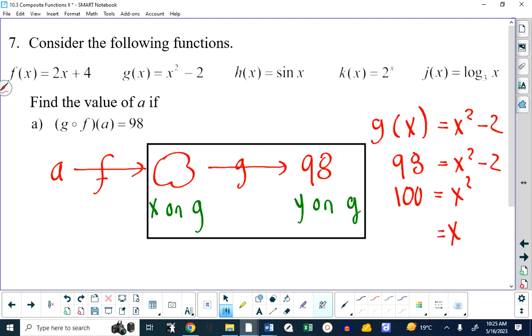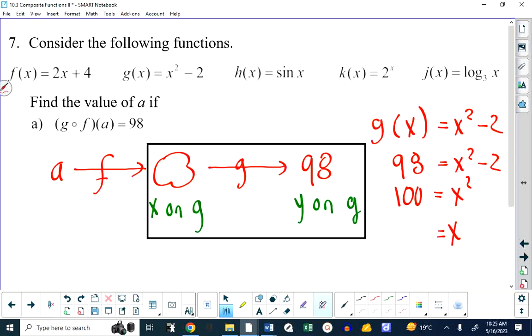So what is x equal to? I'm just asking right now, with this equation, x squared equals 100, what is x? 10. 10?